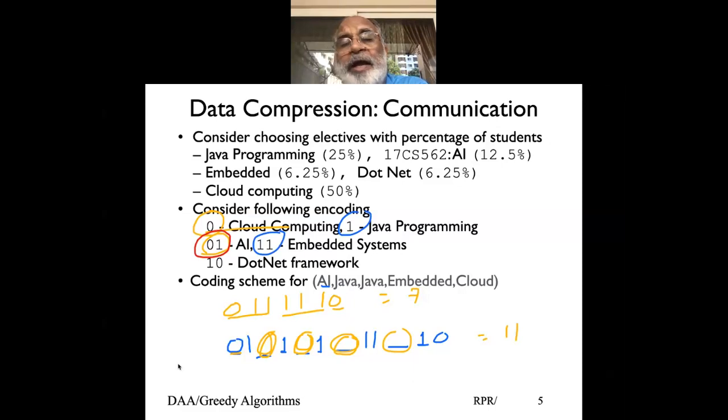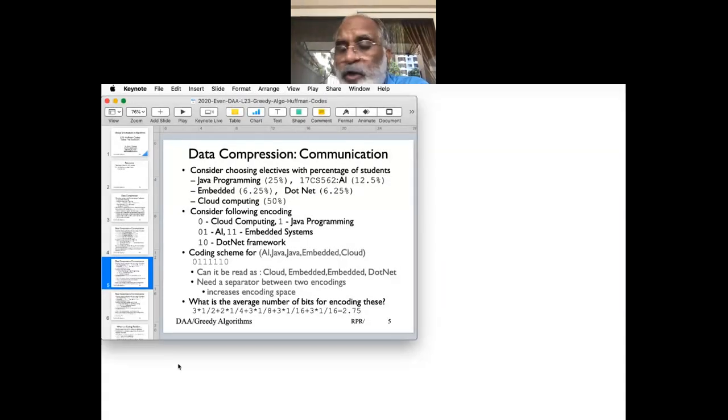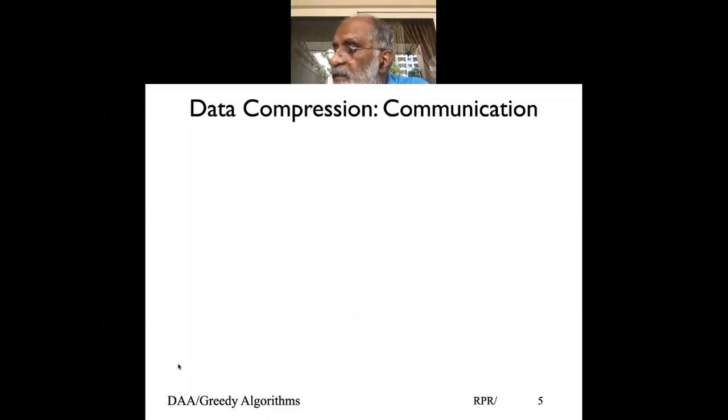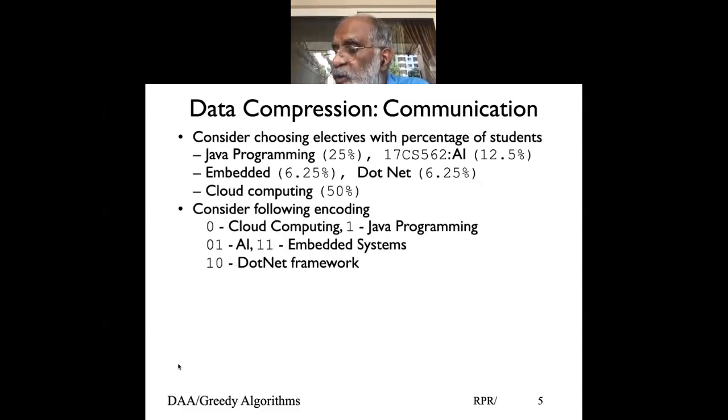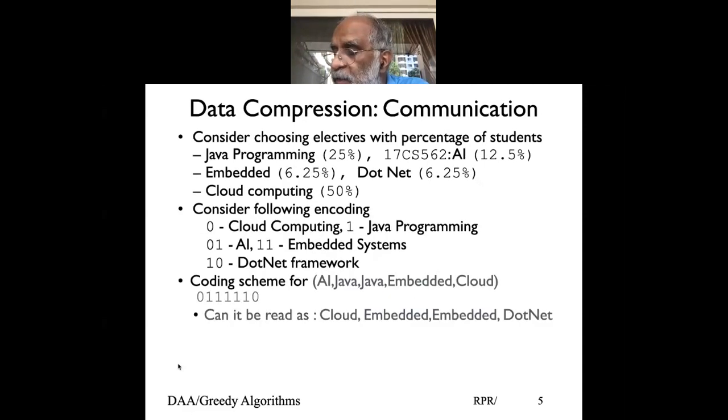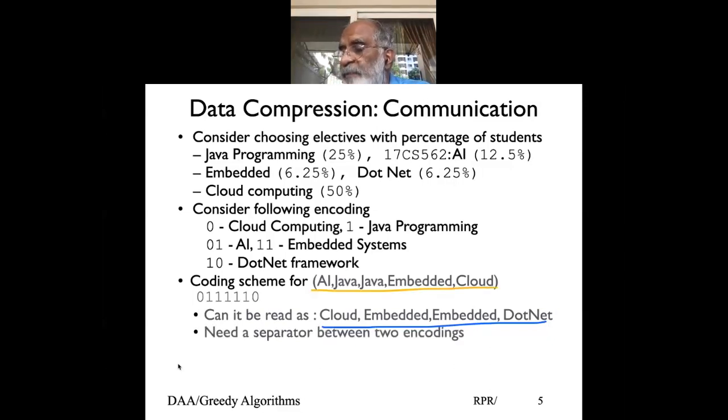So what we really would like is a coding scheme such that no encoding is a prefix of another one. And that is what we'd like to work out. In this case, as I said, the coding could be read in a way that is not what was initially intended, and hence we want a coding scheme that is not confusing.